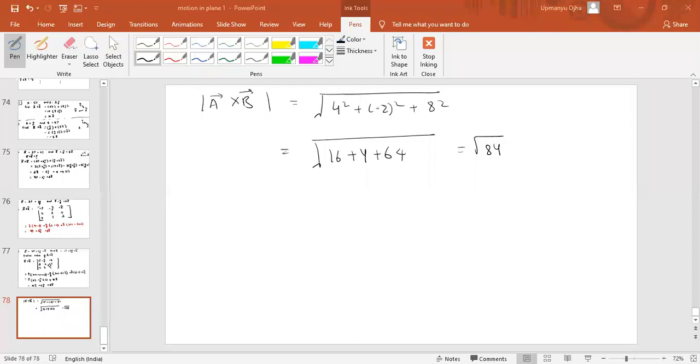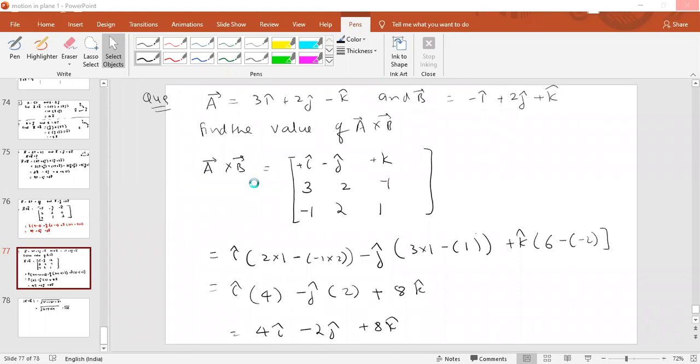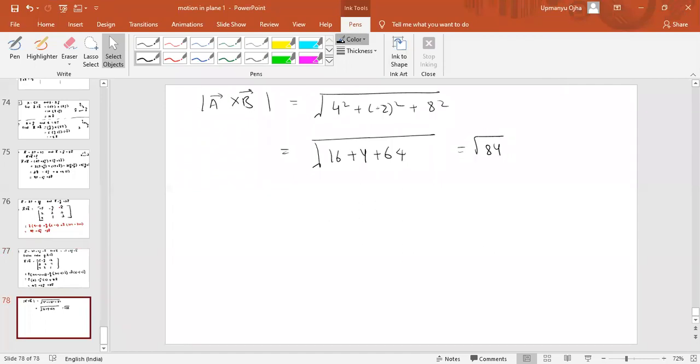Now, in this problem only, if I ask you, what is the angle between A and B? Can you find the angle between A and B in this case? See, the angle between A and B can be found by using that concept that the magnitude of A cross B is equal to what?